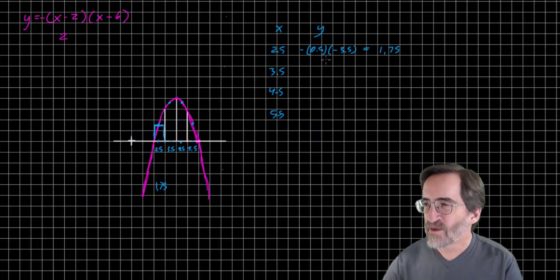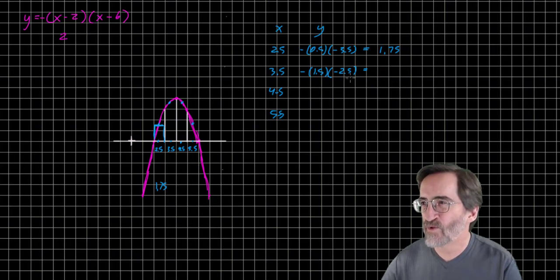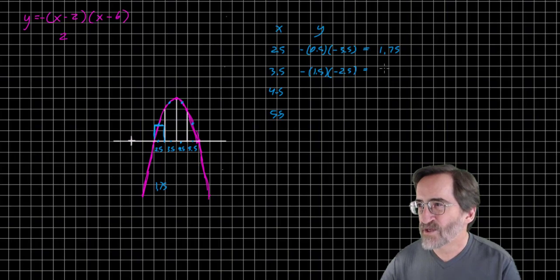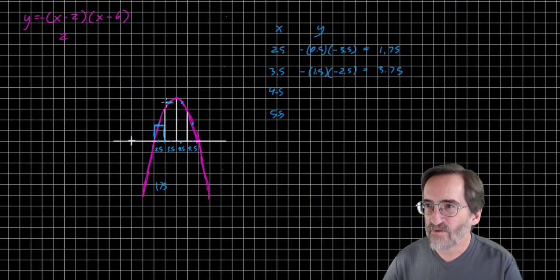Okay, the height of the next rectangle is 3.5 minus 2, which is 1.5, and 3.5 minus 6, which is negative 2.5. 1.5 times 2.5, half of 2.5 is 1.25, 3.75. So the area of that rectangle is 3.75.